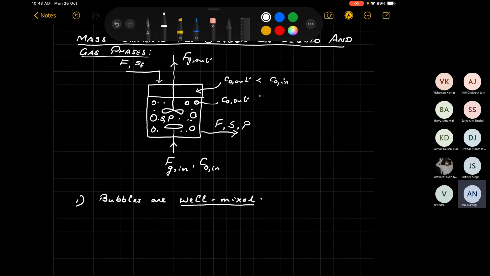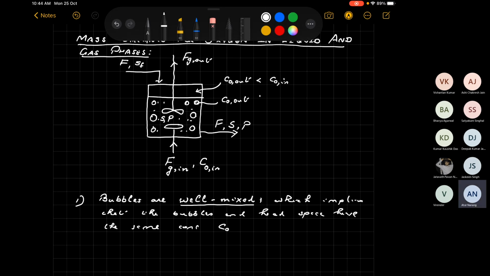So this implies that the bubbles and headspace have the same concentration CO out, which is somewhat less than CO in.